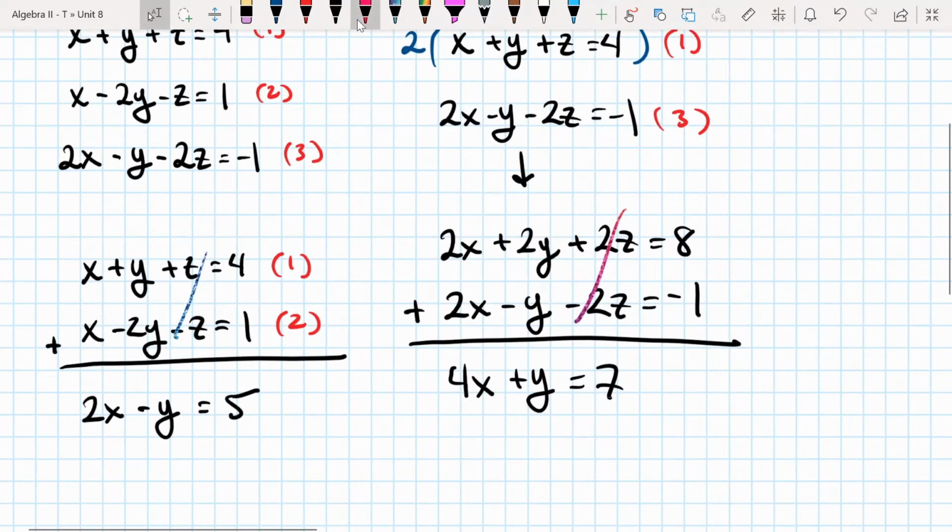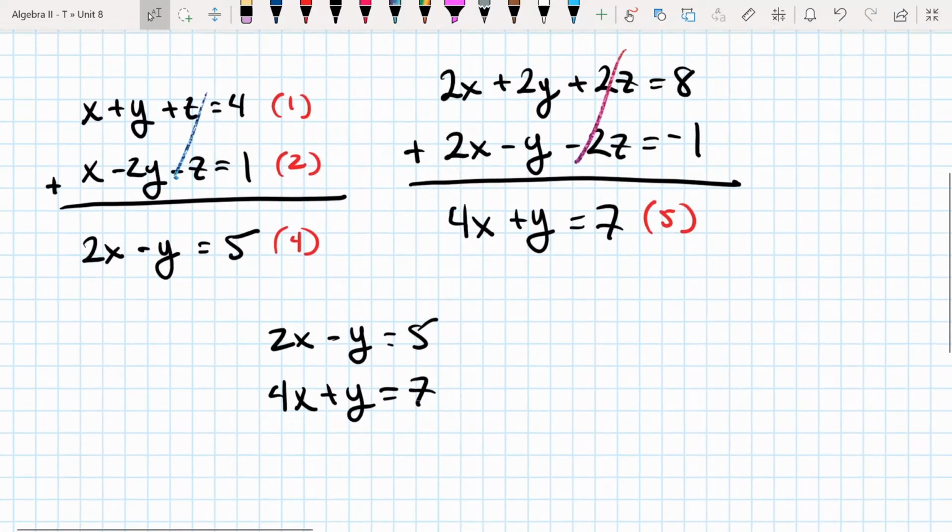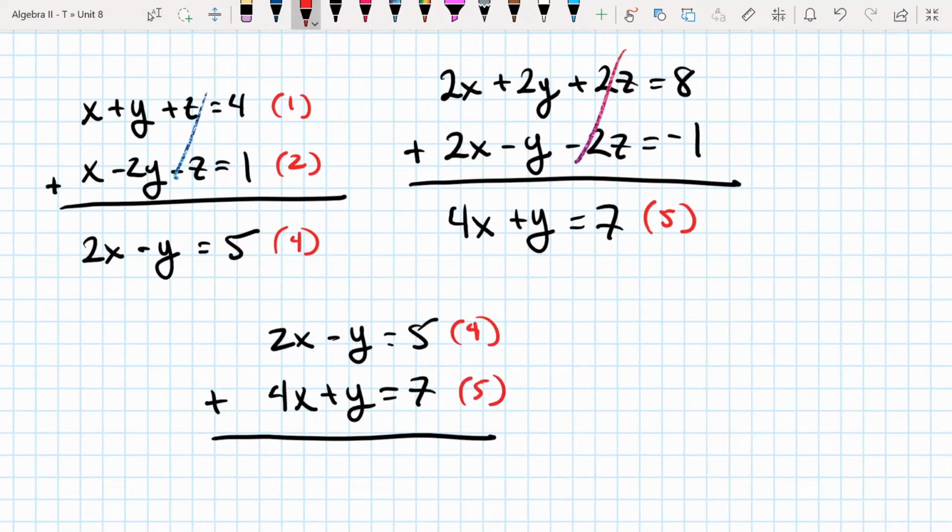So what we can do is, let's call this equation 4, and this will be equation 5. We want to use the method of elimination here to cancel out one of the variables from equation 4 and equation 5. That variable in this case is going to be the variable y. And to do that, luckily, all we need to do is add these together.